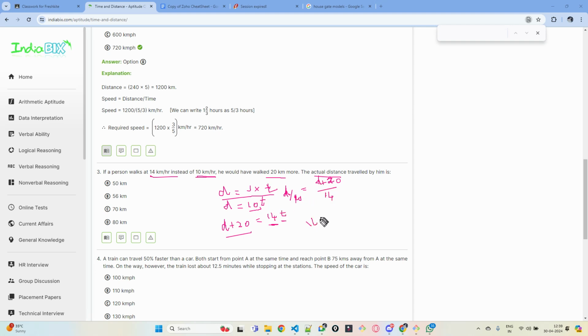Cross multiply. 14d is equal to 10d plus 10 into 20, which is 200. So 14d minus 10d, 4d is equal to 200, and d is equal to 200 divided by 4, which is 50.